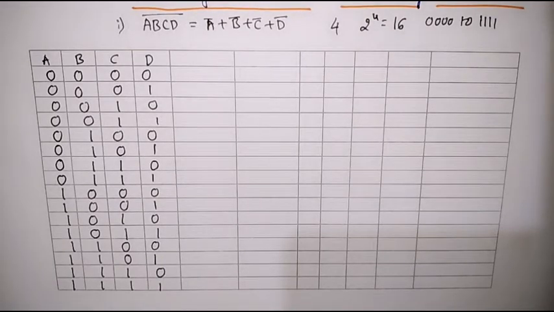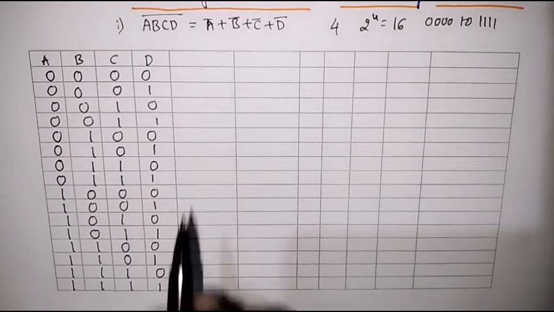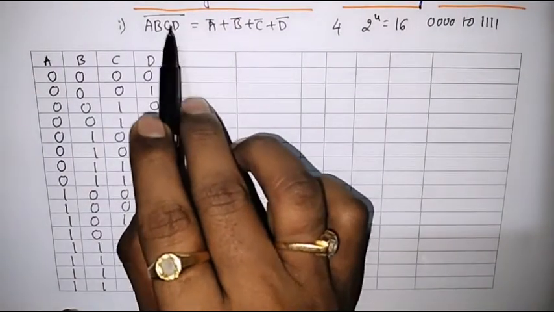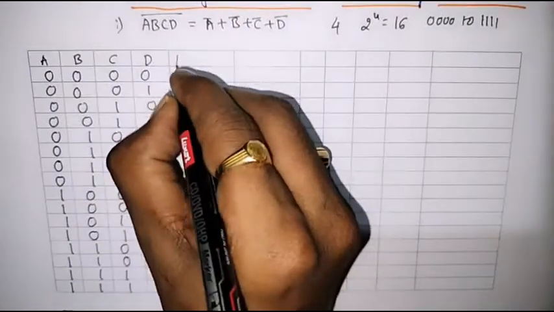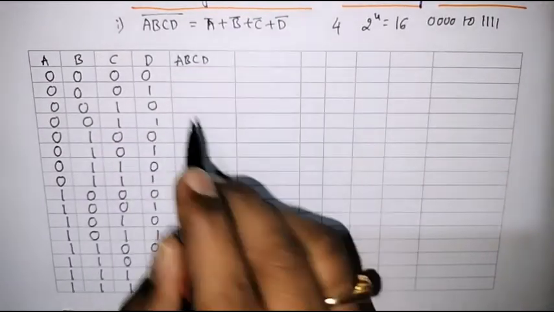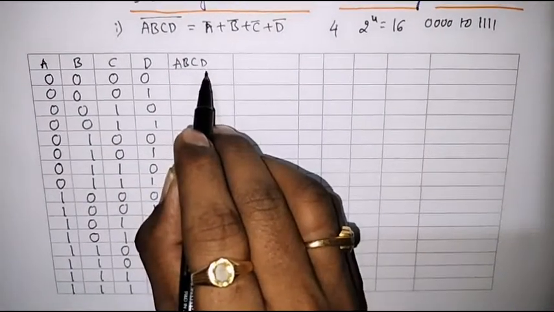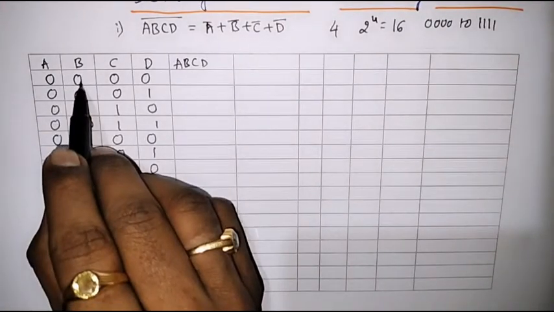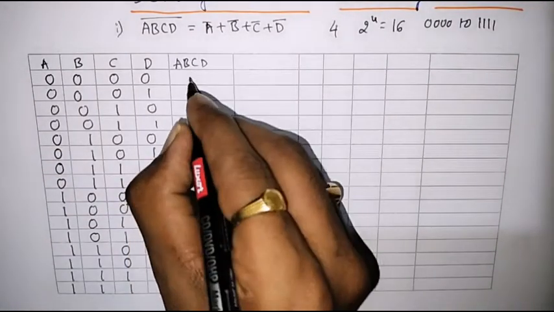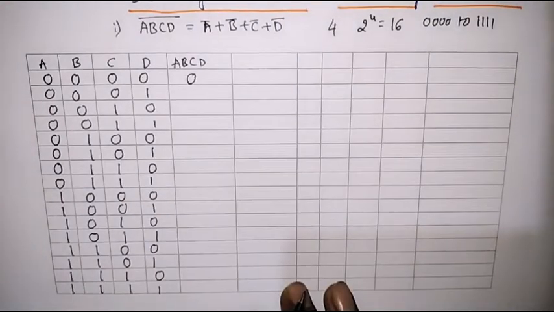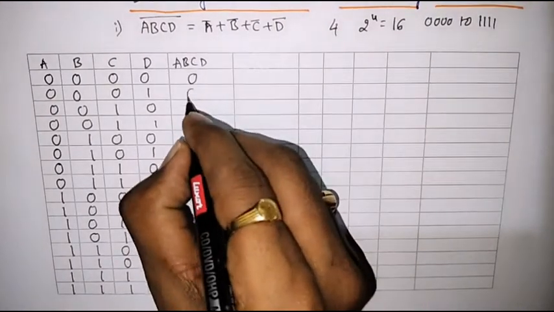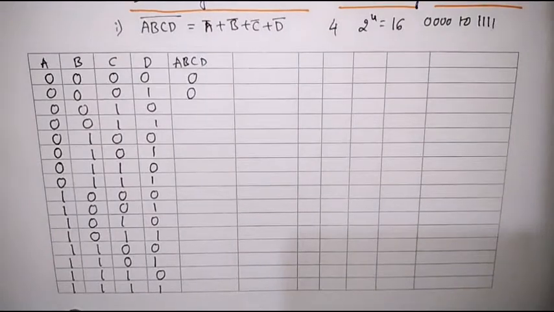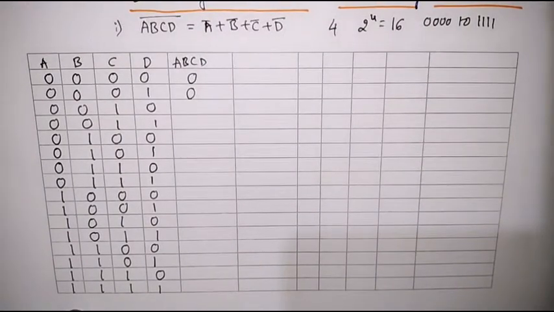So now look at the statement, that is (A B C D) whole bar. First we'll perform A B C D, which is nothing but performing the dot operation between all four variables. That is 0 dot 0 dot 0 dot 0 gives 0. We know that it is like a multiplication operation.